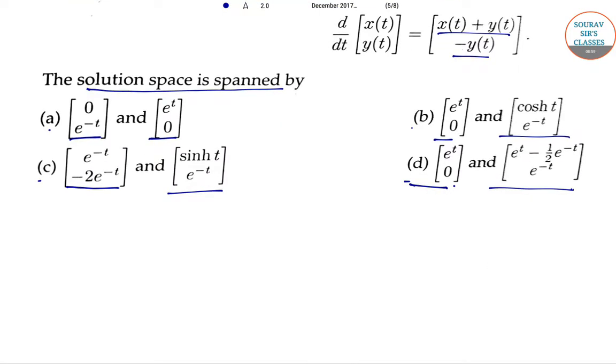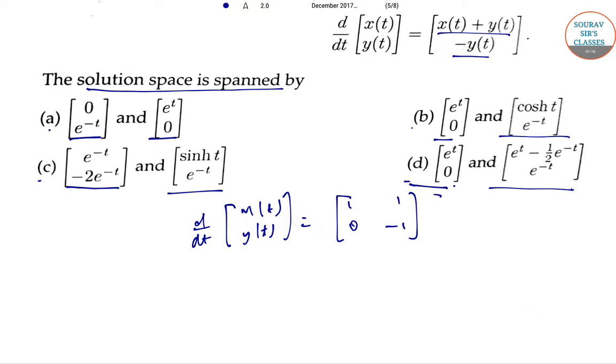So now the given differential equation is actually d/dt of (x(t), y(t)) is equal to the matrix [1 1; 0 -1] times (x(t), y(t)).